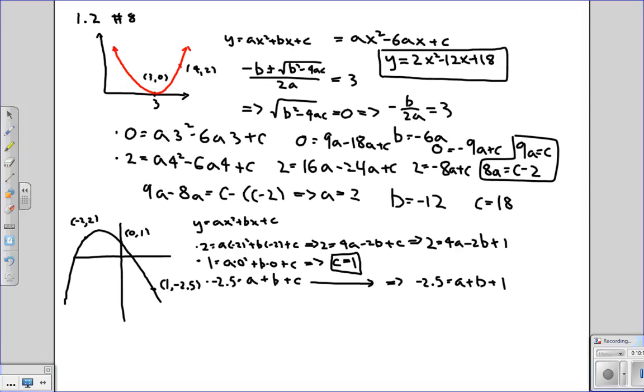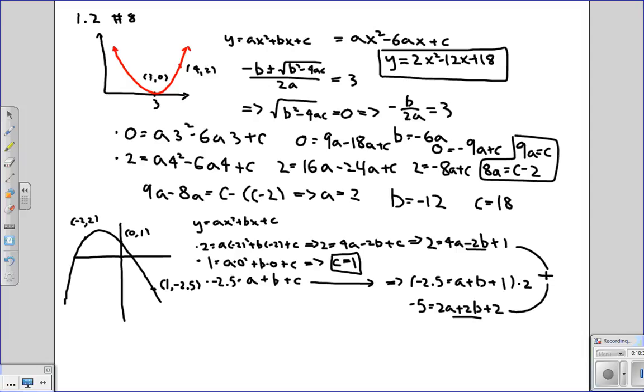How do we use this? Well, we can multiply this second equation by 2, so that it becomes negative 5 equals 2a plus 2b plus 2. Why do we want to do this? Because now we can add these two equations together, and the b's will cancel, because you have a negative 2b in the first equation and a positive 2b in the other equation.